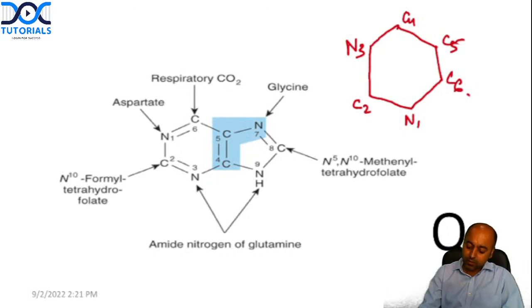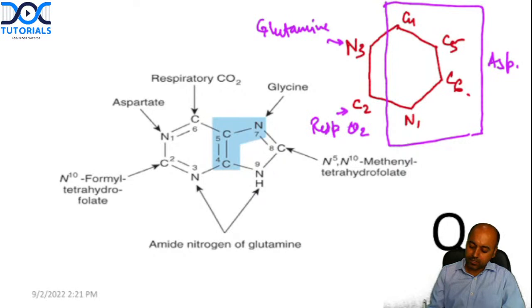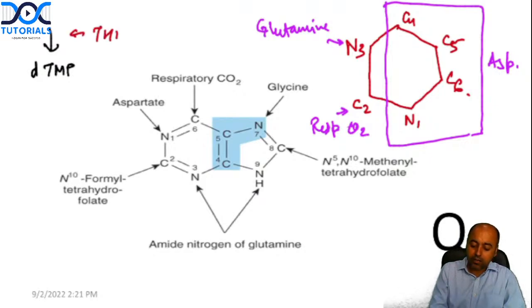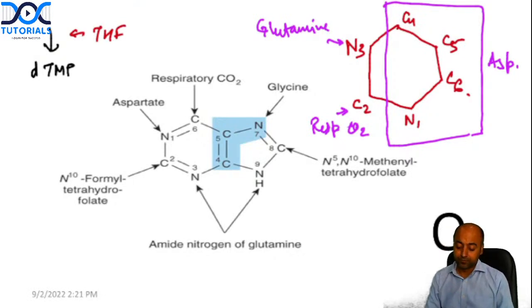So here the C2 is the respiratory CO2, N3 is coming from glutamine, the rest of it will come from aspartate, and lastly formation of thymine requires tetrahydrofolate.